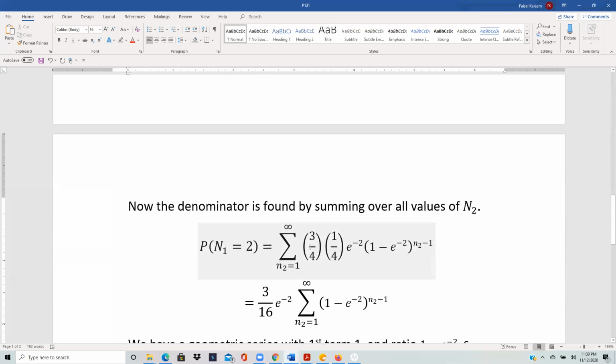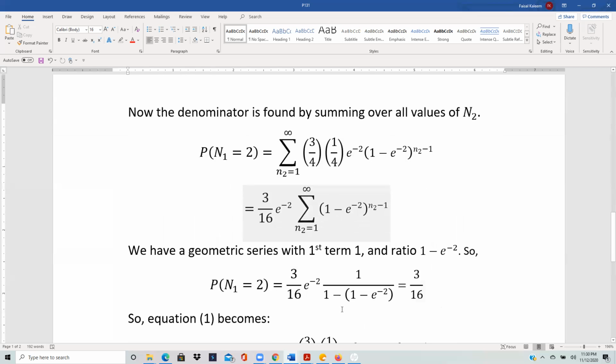So 3/4 times 1/4 is 3/16, and e to the negative 2, all this is constant, so I pull this out. And I have something with a power sitting inside a summation, and that is a geometric series. So all you have to see is what's the first term and what's the ratio. The ratio is the base here, which is 1 minus e to the negative 2. And the first term can be seen by substituting N2 equals 1 in this. When you do N2 equals 1, this power becomes 0, so it's 1.